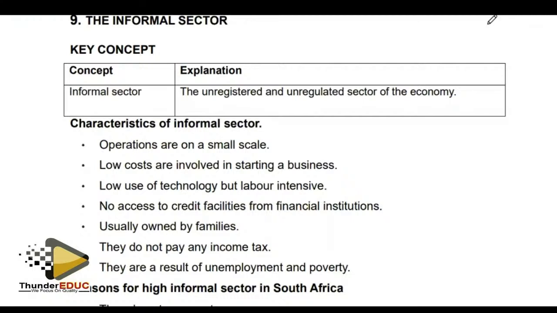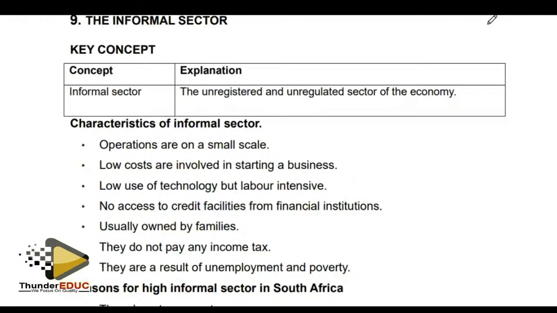Our next concept is the informal sector. All along, we have been looking at the formal sector, and the formal sector, as we know, consists of registered businesses which contribute positively to the GDP and the economy.